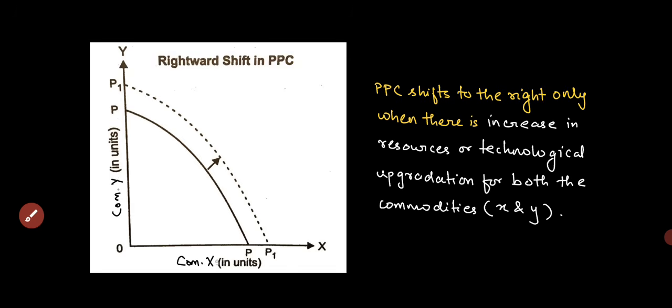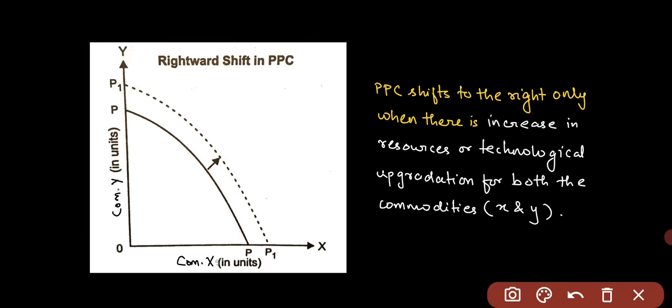You see, the production possibility curve shifts to the right only when there is an increase in resources or technological upgradation for both the goods, X and Y. If there is technological development and an increase in resources, we can produce more and more of both commodities X and Y. So, in this case, there will be a rightward shift in the production possibility curve, like from PP to P1.